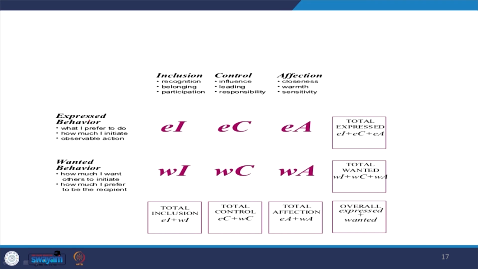For example, when we are talking about inclusion, you find that there is recognition, there is belongingness, and there is participation. Whenever there is recognition, belongingness and participation, then you will find that it becomes part of inclusion.